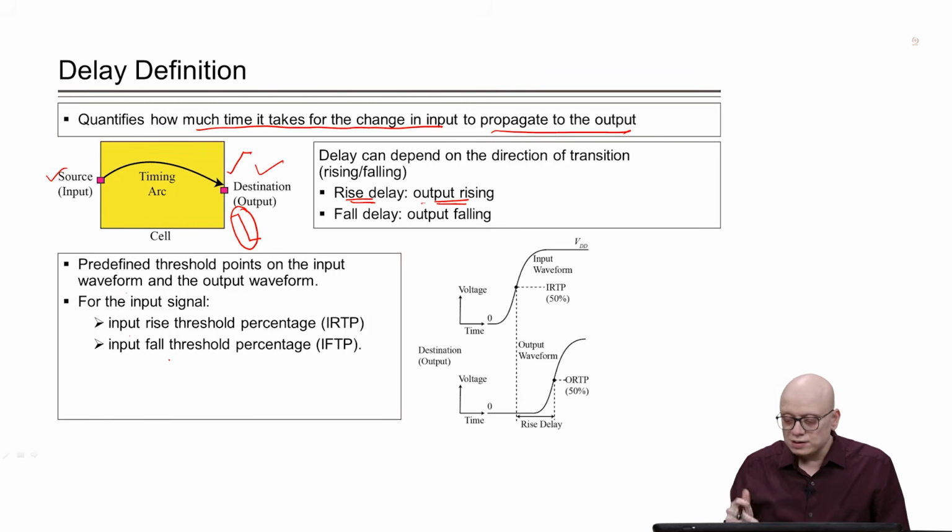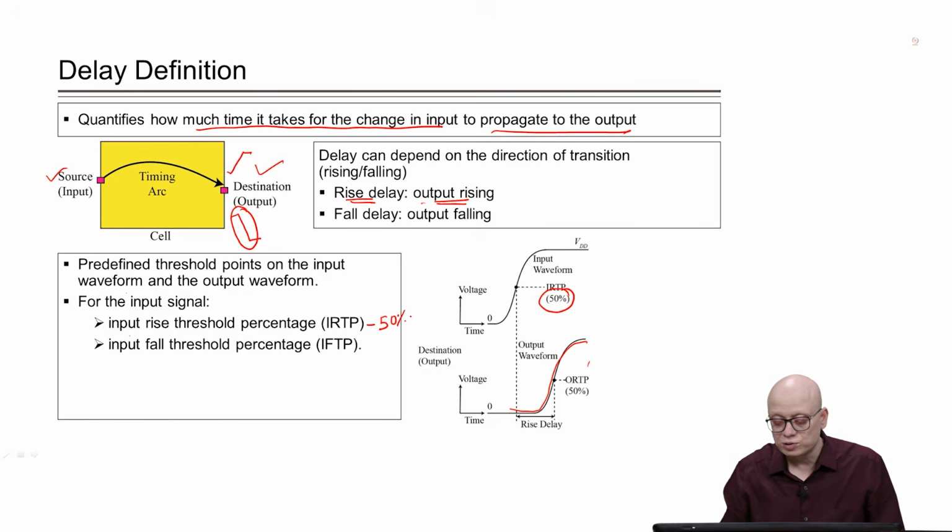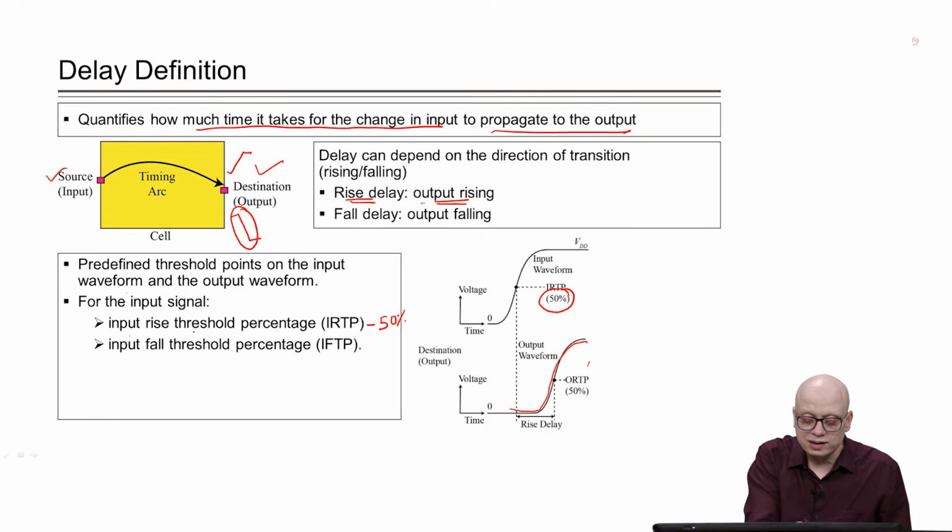These threshold points are mentioned in the technology library. For example, let us consider this input signal, and corresponding to this input signal the output was this signal, right. Now, at the input side we have defined a threshold as 50%, so we have chosen an IRTP as 50%. Since the input is rising, we have to take the input rise threshold percentage or IRTP.